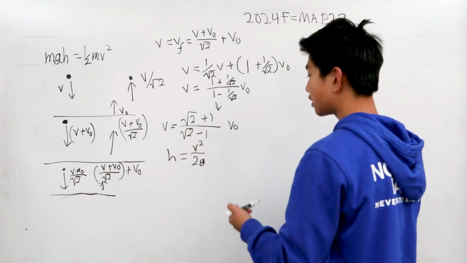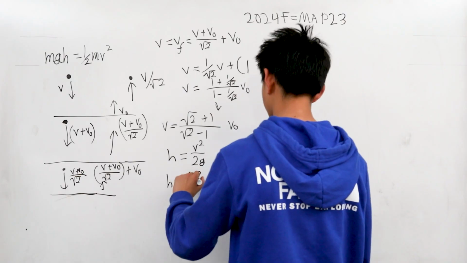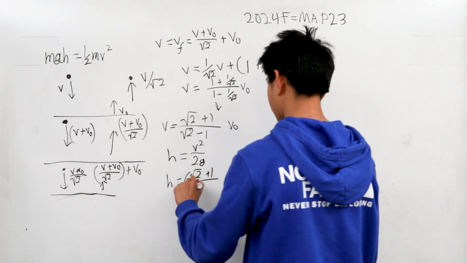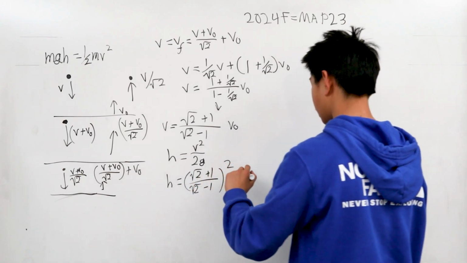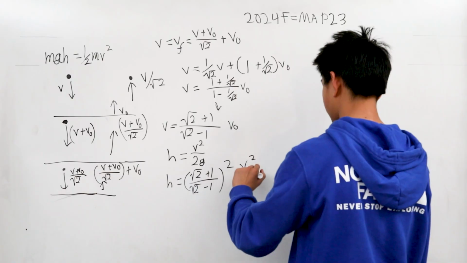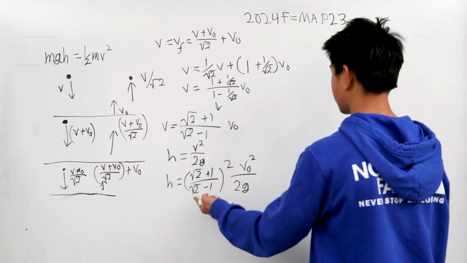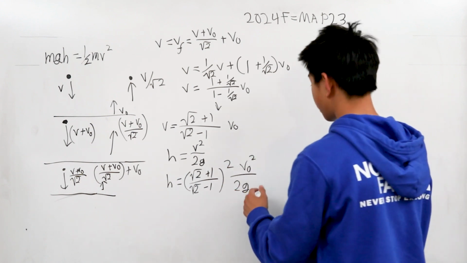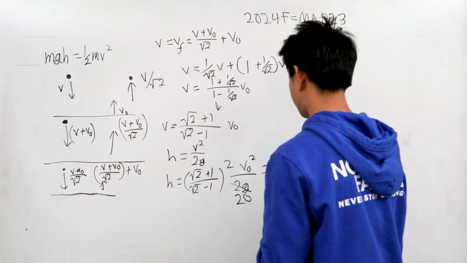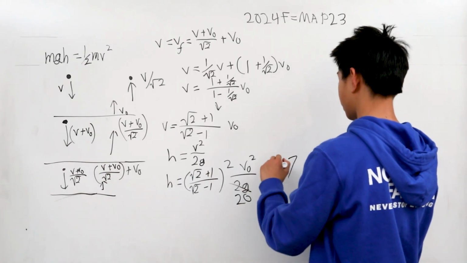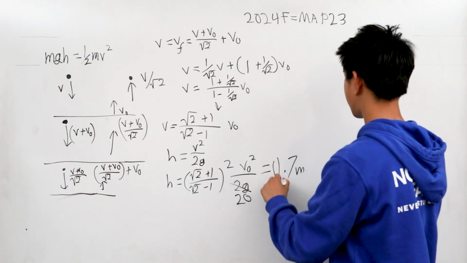Now, plugging v into this equation, we get that our height is equal to the square root of 2 plus 1 over the square root of 2 minus 1, squared, times our initial velocity squared, divided by 2g. And at this point, you can just simplify this equation with the numbers we have here, g being 10, so this is 20, and then simplify this expression to get our answer of 1.7 meters, using 1.414 as the square root of 2.